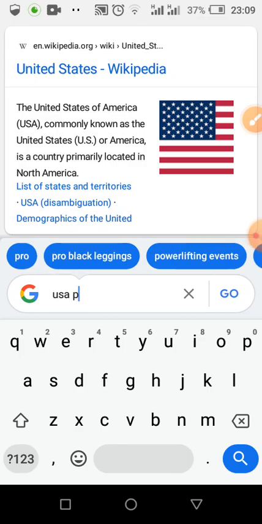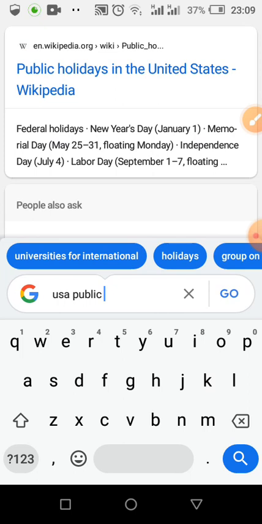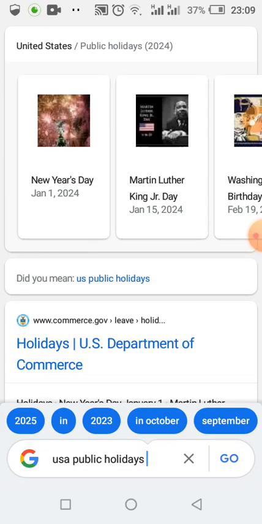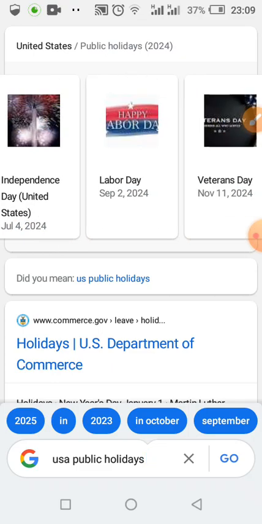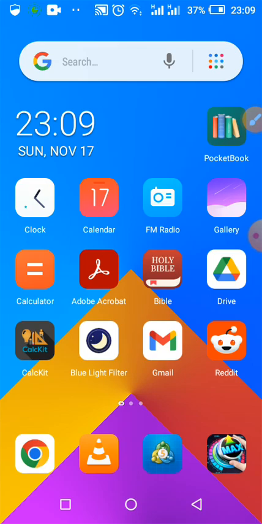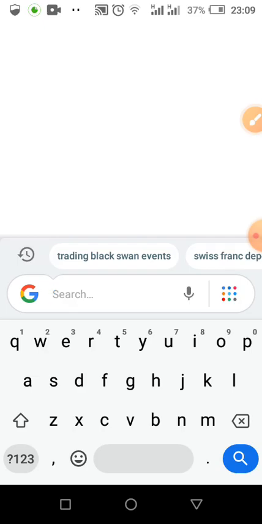Even if the stock is from a country not in USA, or the currency is from a country which is not in USA, you always have to save these USA public holidays on your Google Calendar, and put notifications a day before, so that you remember before the actual day of trading.